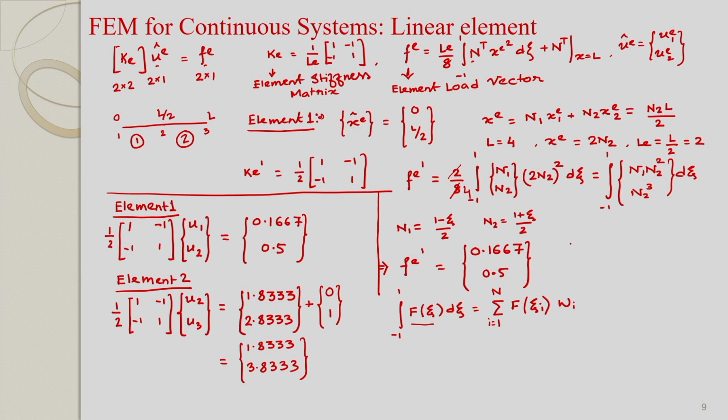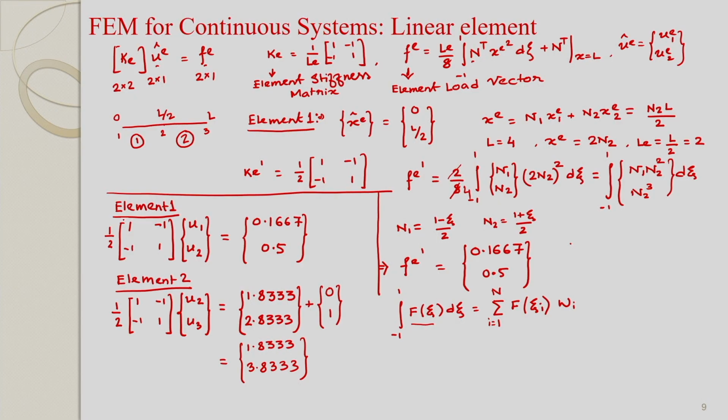Now, we have element equations for element 1 and element 2. We have to assemble these two equations. Before assembly, we have to give the global degree of freedom number corresponding to each row and each column.